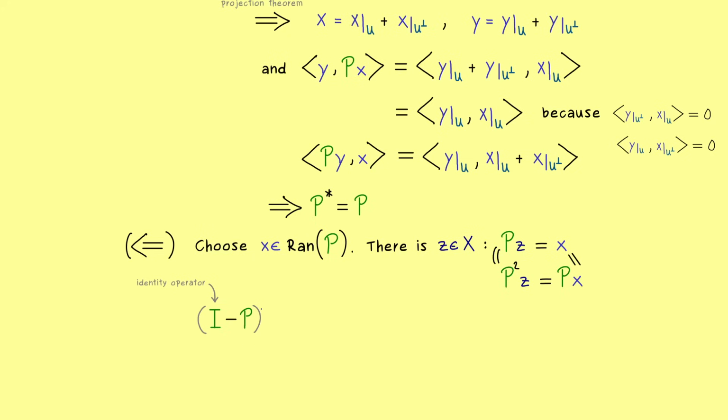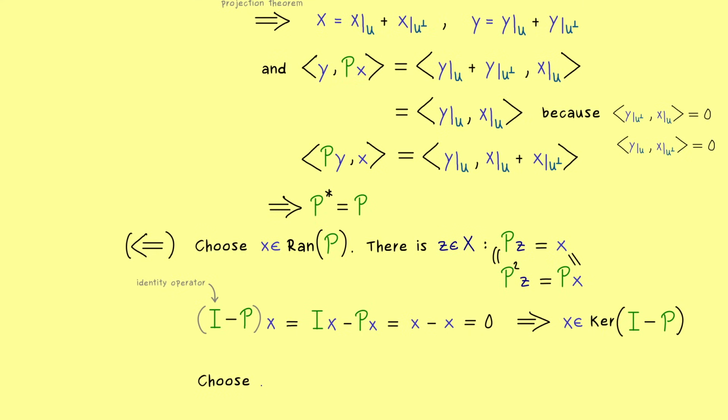And we immediately see that because if we apply this operator to our vector x, then by definition we get Ix minus Px, which is x minus x. And this is quite interesting because it means that we map this vector to the zero vector. In other words, the vector x lies in the kernel of I minus P. So here we have shown that the range of P is a subset of this kernel.